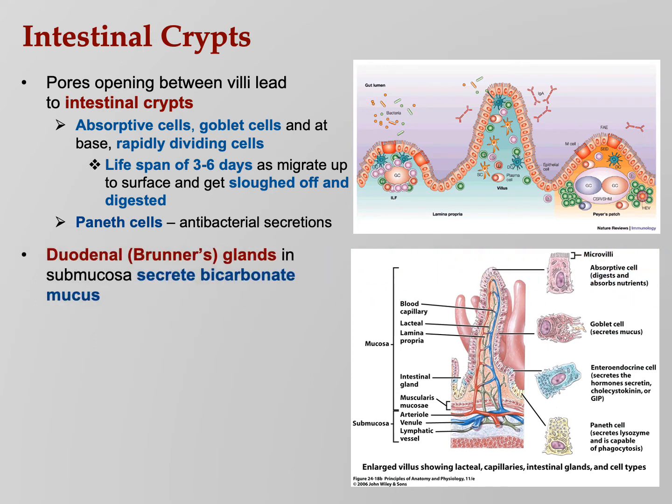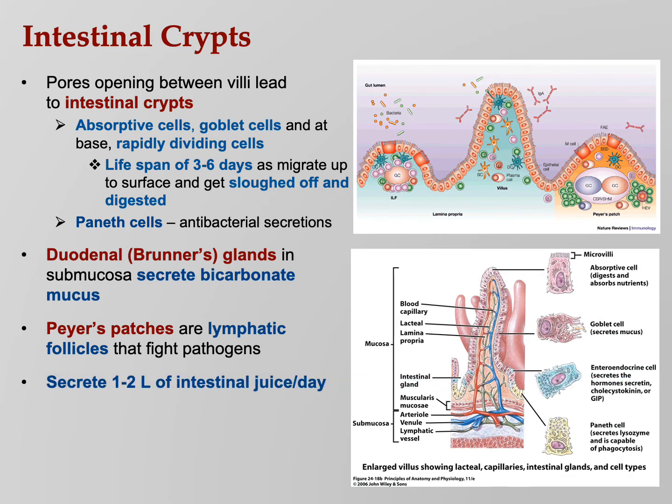Okay, good. Duodenal, old-fashioned name, Brunner's glands secrete bicarb. Again, you've got to neutralize all that acidic chyme from the stomach. So you make tons of bicarb, and that's what the duodenal glands do. Peyer's patches, lymphatic follicles that fight any bad guys that have made it this far.